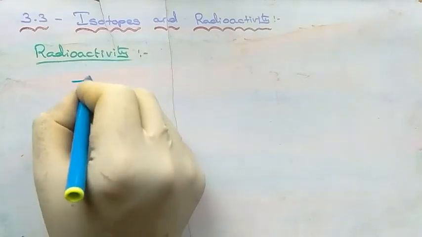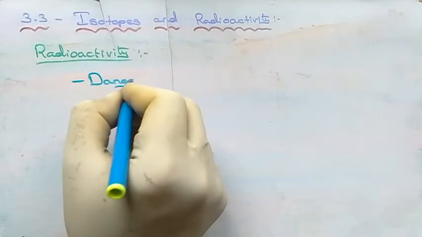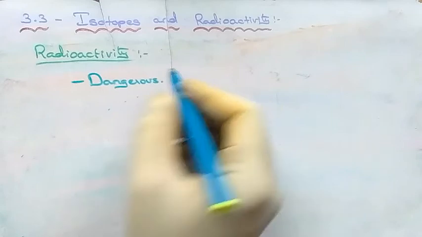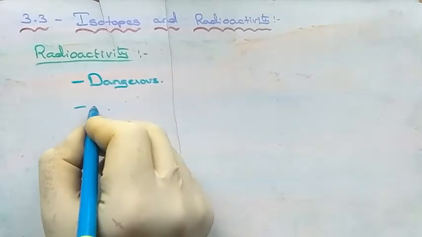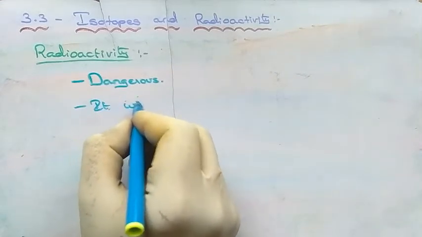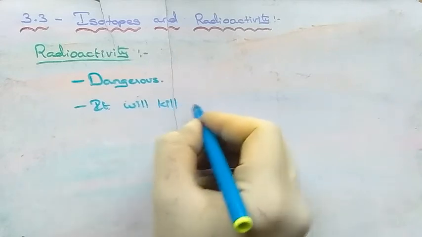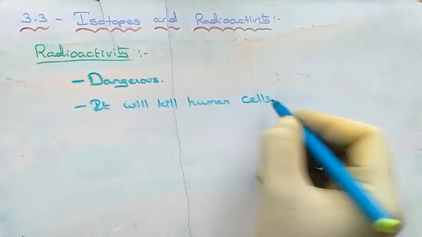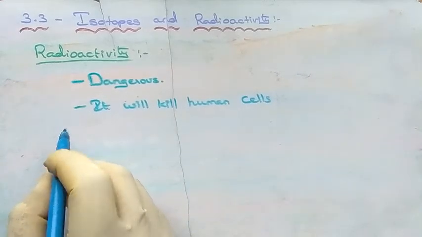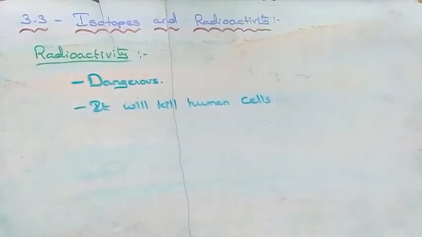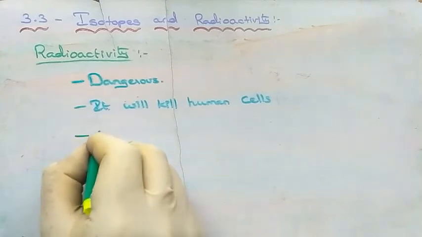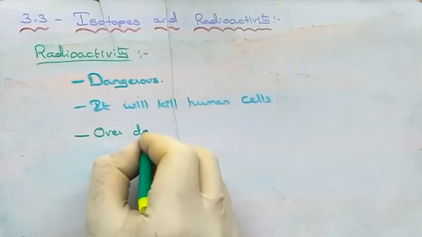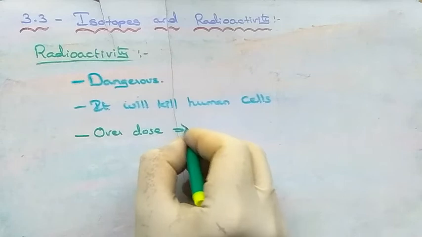As we have heard, radioactivity is very dangerous because it will kill human cells. When it passes through our body, it can kill living things. Overdosage of radiation will lead to radiation sickness.